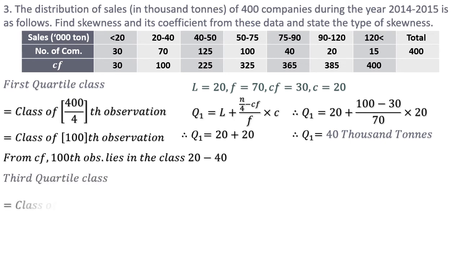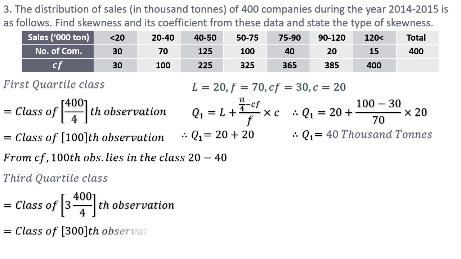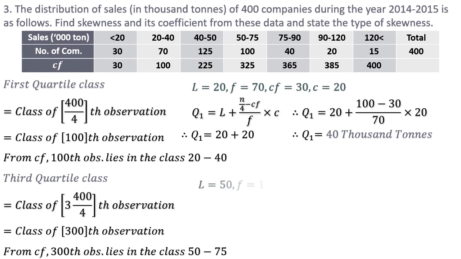Similarly, we will calculate the third quartile class, the class of the 3 times 400 upon 4th observation, which would be the 300th observation. From the data you can see that 325 is the CF in which 300 lies, and the class for that is 50 to 75. So the class here is 50 to 75 and accordingly our lower limit will be 50. The frequency of the class is 100.